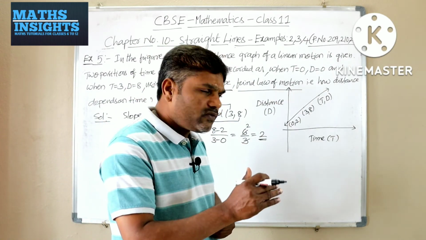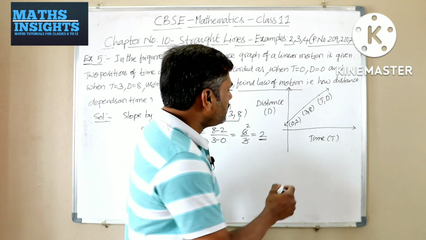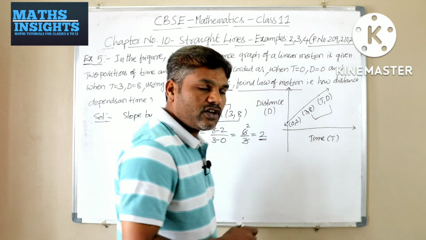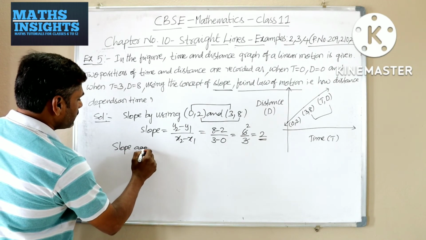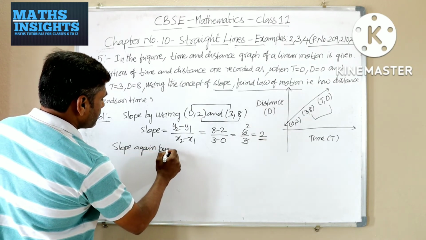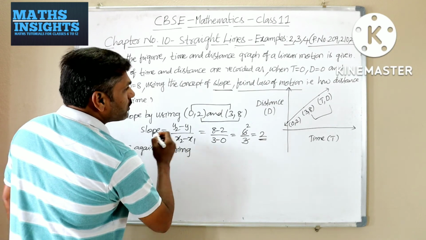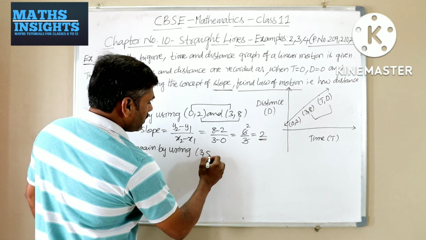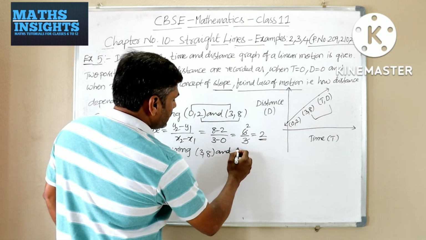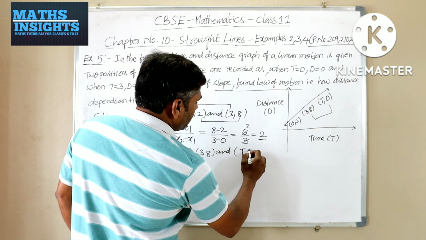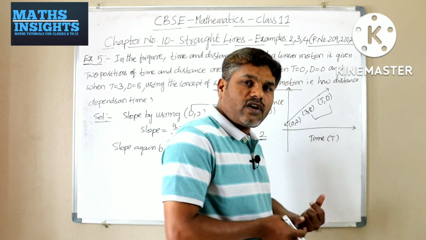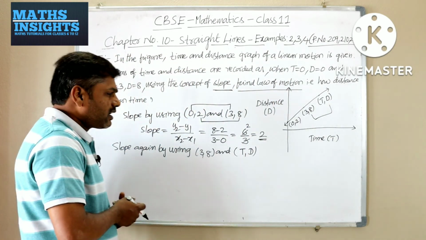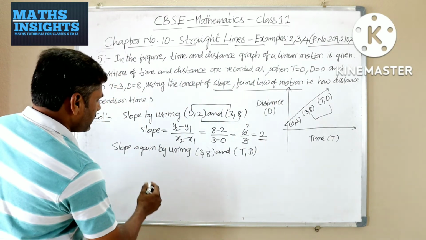I will again find the slope of the same line by using the second and third points. What are the points? (3, 8) and (t, D). They are not giving the values of t and d. From this you have to find how these d and t are related to each other.